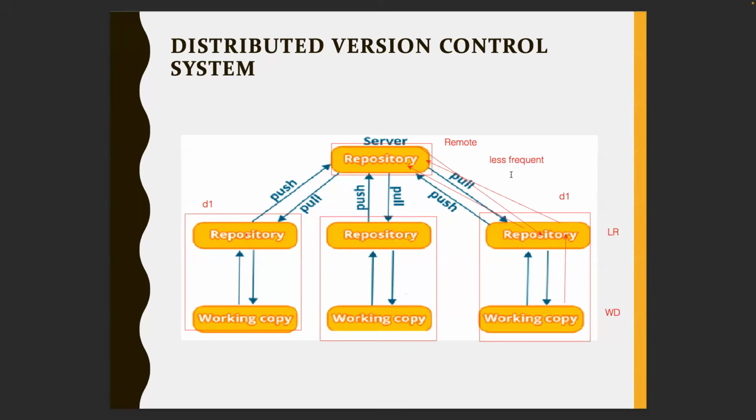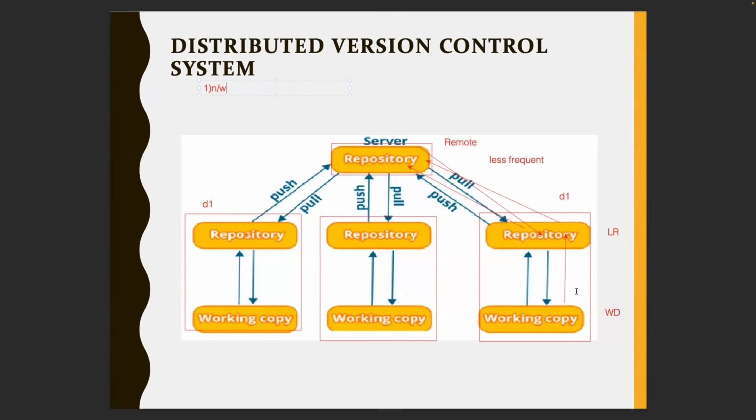Suppose the network is disconnected from the remote. Even then, you can continue work on your local. Work is not halted. Once the network is restored, you can push your changes to remote. This is how a distributed version control system works.